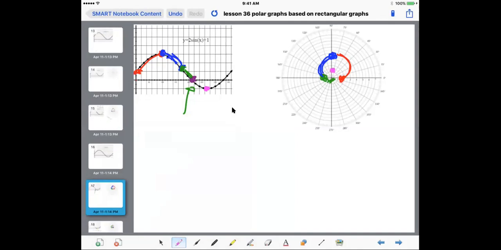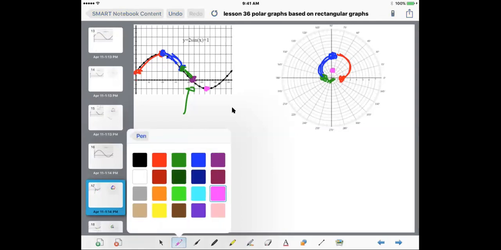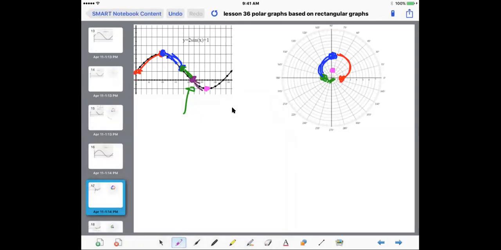So this purple line goes like that. I want to explain that a bit. This angle where this starts to happen, I don't know exactly where that is. It's somewhere between 180 and 270. Let's just pretend it's 230 degrees.